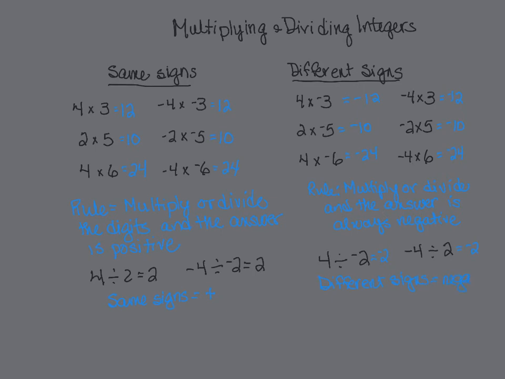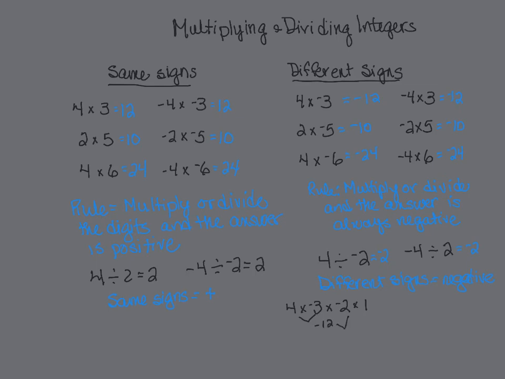Now, just a little conversation about multiplying more than 2 digits. So if I have 4 times negative 3 times negative 2 times 1, okay? 4 times negative 3 is negative 12.